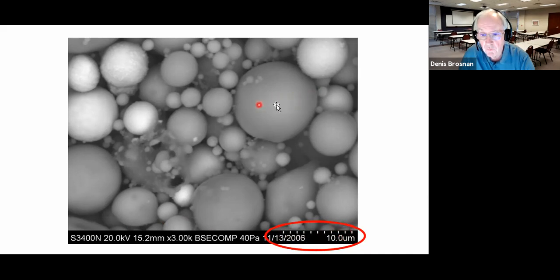So you can see some of these particles are close to 10 microns, but a lot of them are very much smaller than 10 microns. So in this particular instance, of course, fly ash can be emitted to the environment because fabric filters aren't very good at capturing particles this small.